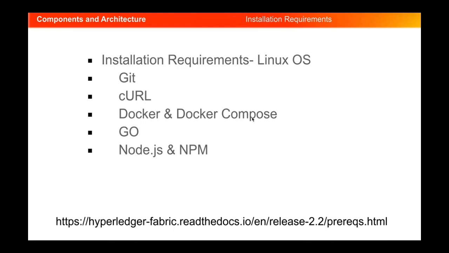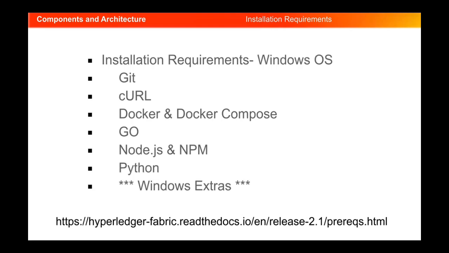We need Docker and Docker Compose to containerize the application and run all the applications as containers. We are going to learn about what containerization is and how we are going to run applications or components as containers in the practical section. We need Go because Hyperledger Fabric is written in Go, so we need to install Go as well. We need Node.js and Node Package Manager as well.